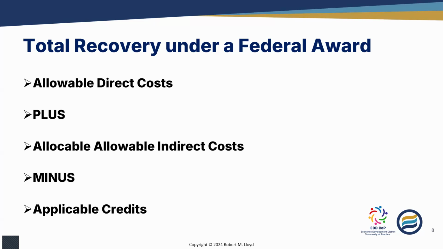Now, some of the kinds of things that are probably present in your organization's indirect cost rate are the costs of senior management, the executive director, the finance director, the human resources manager, the facilities manager, et cetera. Those individuals, their salaries, wages, fringe benefits, and other expenses benefit all the activities of the organization.